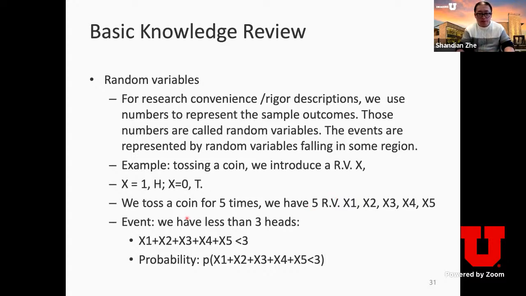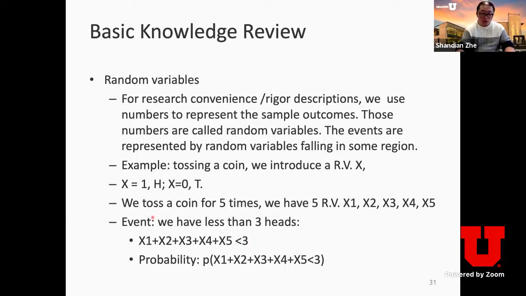Now we can use mathematical inequalities or equalities to represent all kinds of events. For example, if you want to define the event that we obtain 3 heads out of 5 tossing experiments, we can represent this event by the inequality X1 plus X2 through X5 less than 3, right?